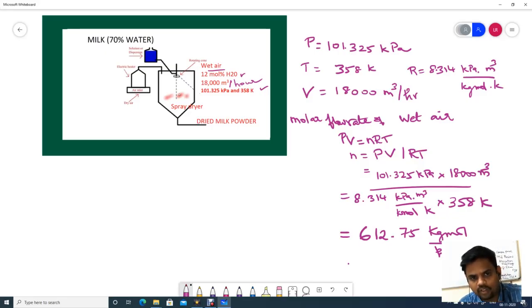Now it is mole percentage that is given, so there is no issue. It is given that 12 mole percent is water. Out of this 612 kg moles, we have 12 mole percent water.